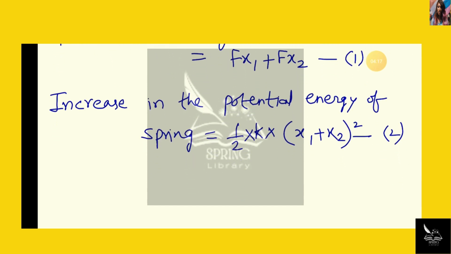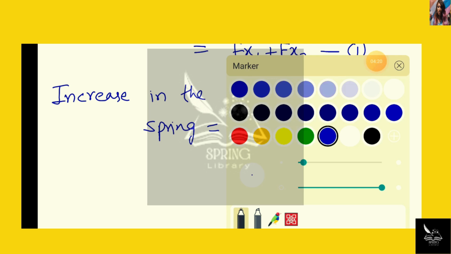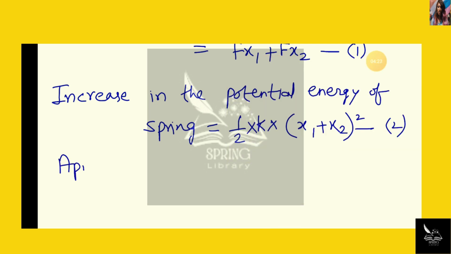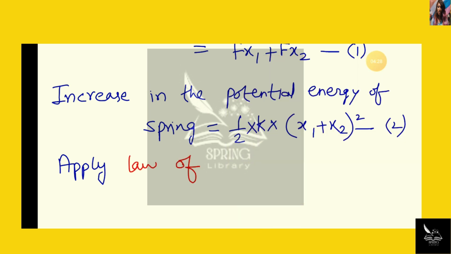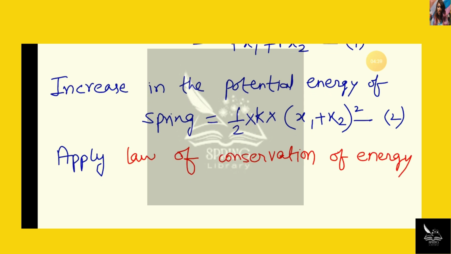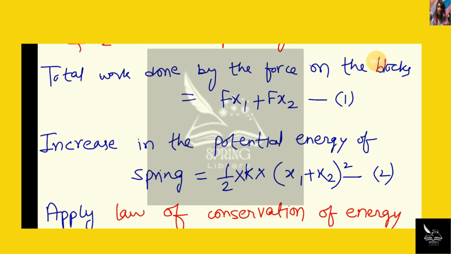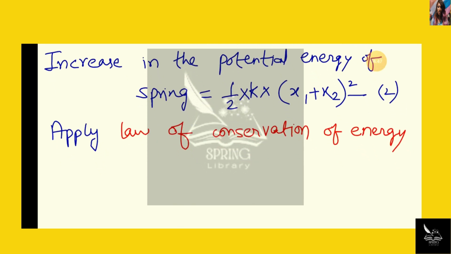Now I am using the law of conservation of energy. According to this law, equation number 1 and equation number 2 become equal, meaning the total work done by the force on the blocks is equal to the increase in the potential energy of the spring.